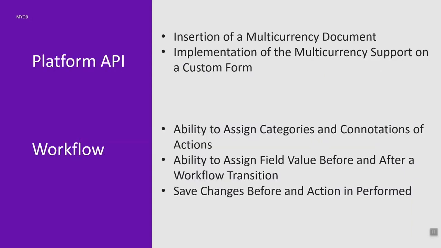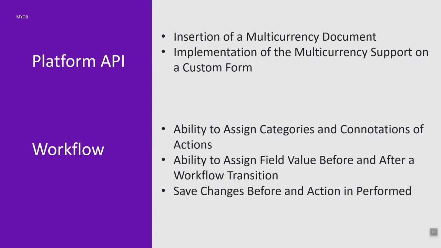The final chapters of the release notes discuss the technical changes related to Platform API and workflow. In the Platform API areas, the release notes introduce new namespaces, graphs, and data access classes to support the insertion of multi-currency documents. It also discusses the implementation of multi-currency support on a custom form.